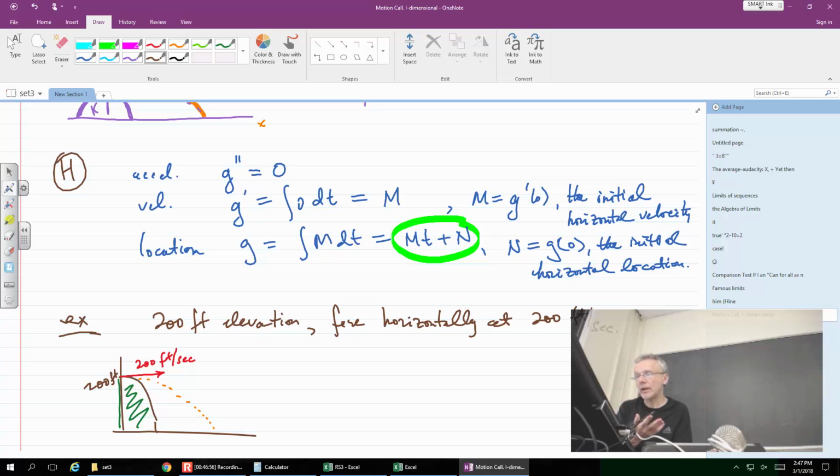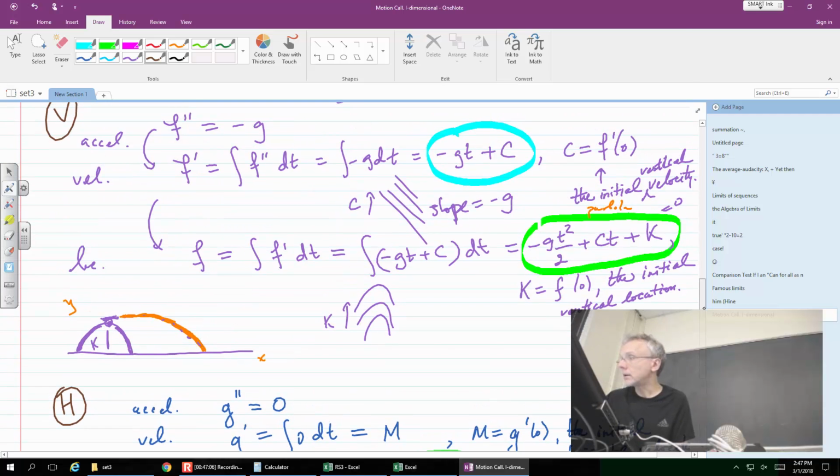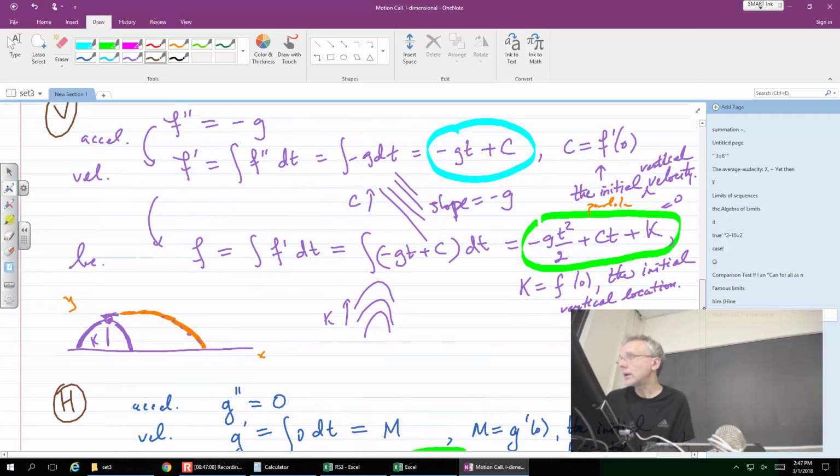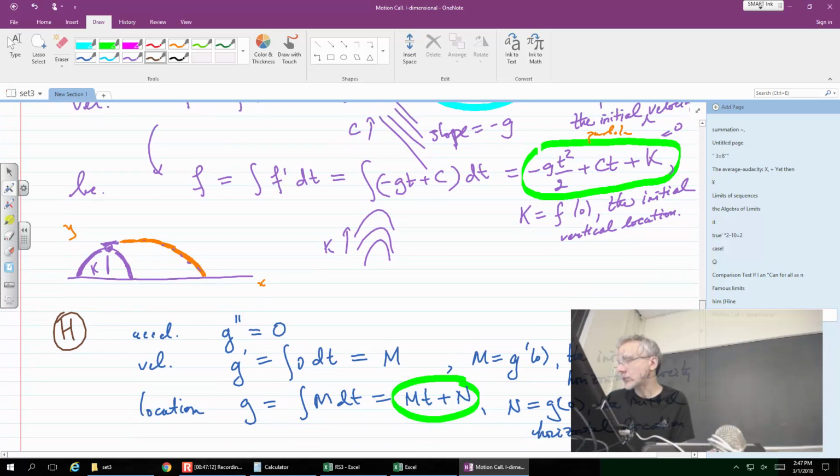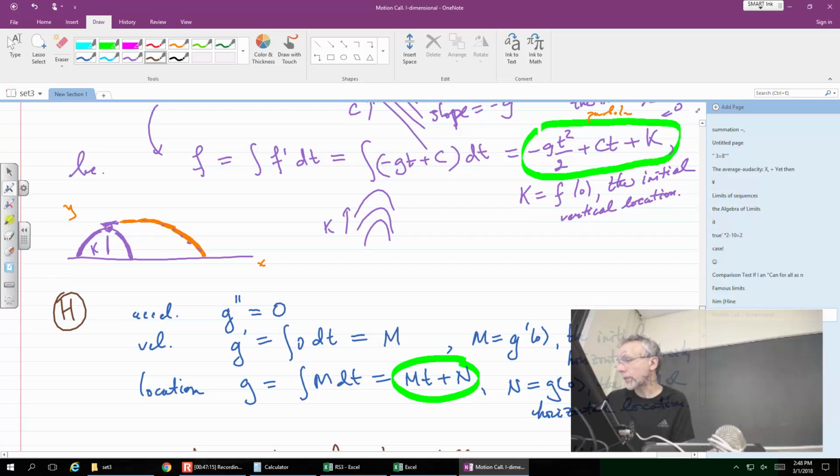Okay, we just take this data and figure out those constants. The constants are right there, c and k, initial vertical velocity and vertical location, as well as m and n, same for the horizontal.